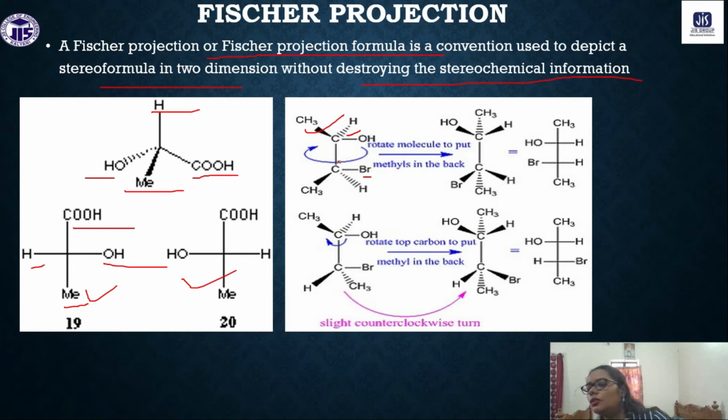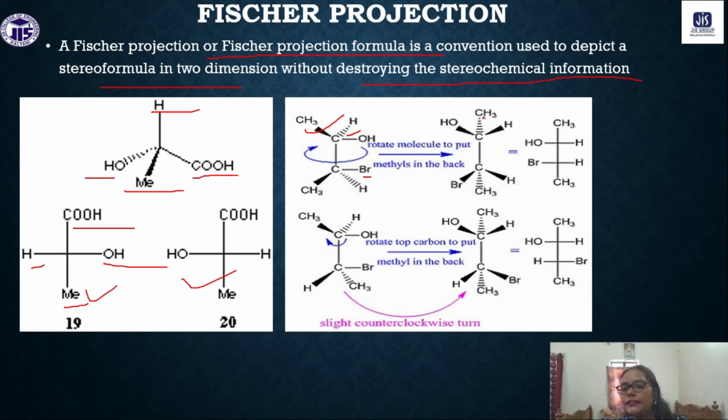this is your C1 carbon atom and this is C2. Now if you rotate the carbon atom to put the methyl group in the back, what will happen? The methyl groups are at the back side.